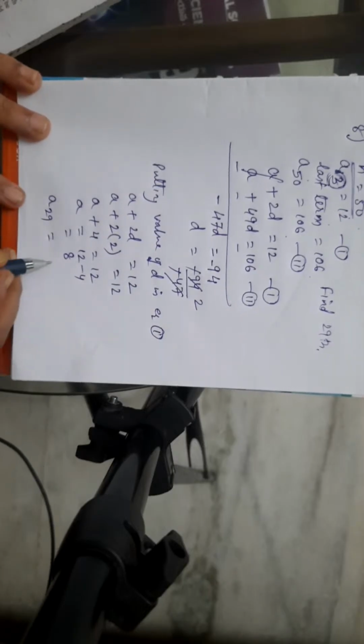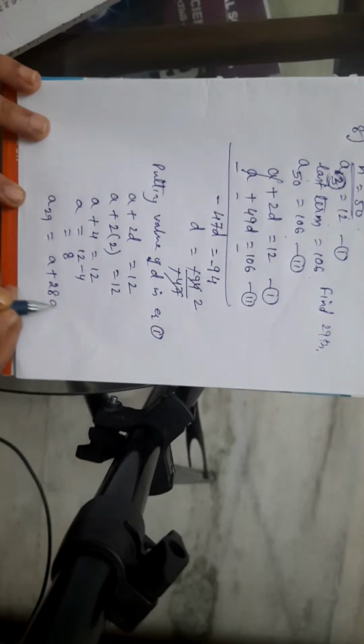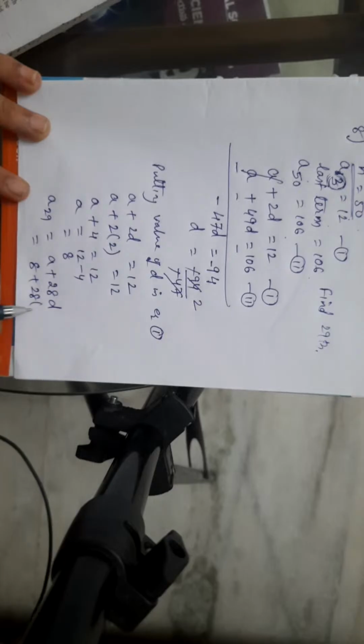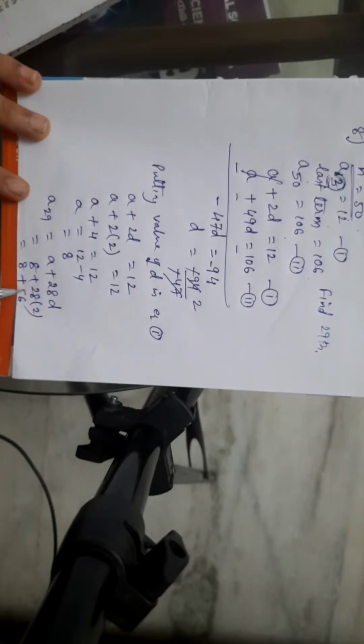So the equation will be a plus 29 minus 1, that is 28d. So this we need to calculate. We found a as 8, and 28 multiplied by 2 is 56. So finally 8 plus 56. Now add them together.